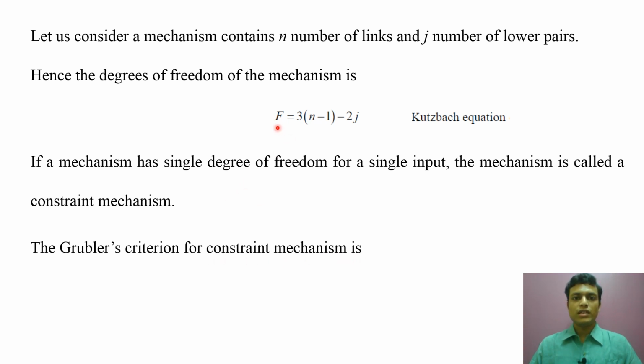If I put f equal to 1, then the equation becomes 1 equal to 3n minus 3 minus 2j. So 3n minus 2j will be equal to 1, and this minus 3 comes here. So 1 plus 3 equals 4. So Grubler's criterion for a constrained mechanism is 3n minus 2j equal to 4.